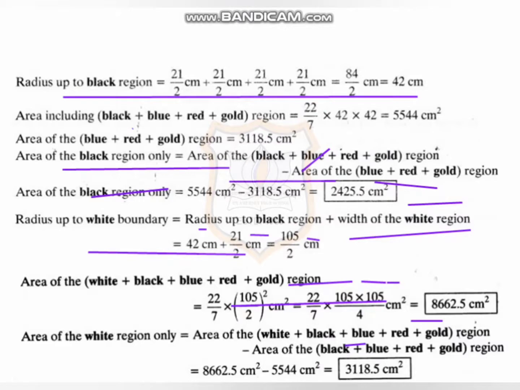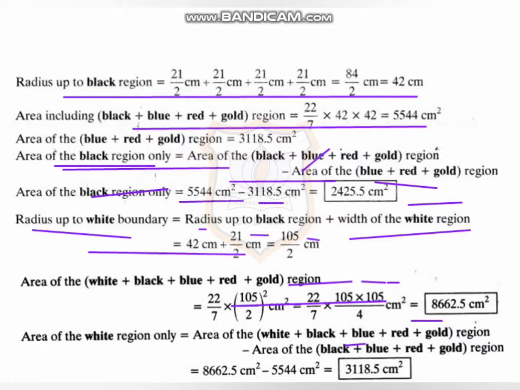So the area including black, blue, red and gold is 5544 centimeters square. To find the black region, we subtract blue, red, gold from black, blue, red, gold. So 5544 minus 3118.5 gives 2425.5 centimeters square.